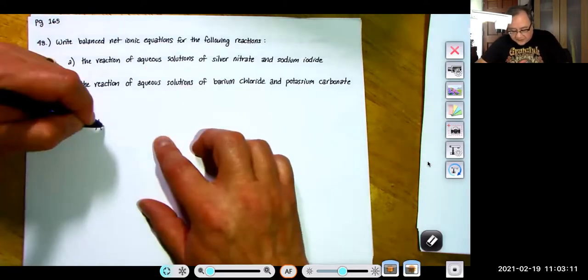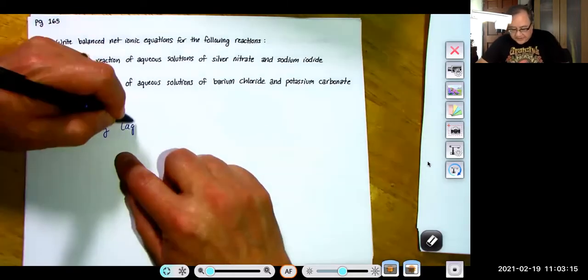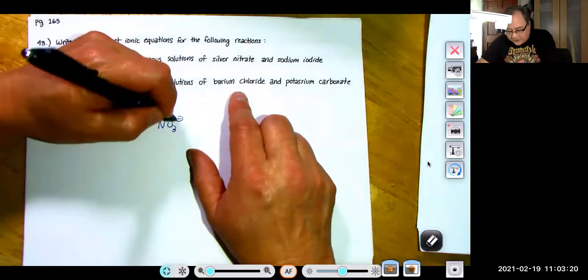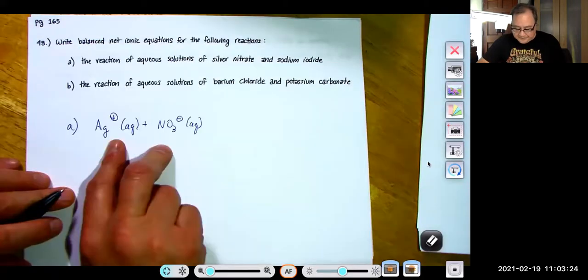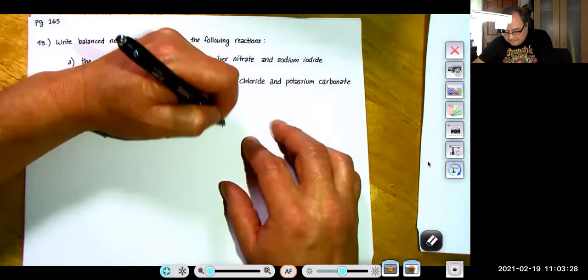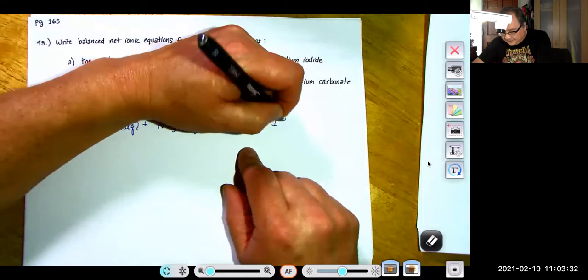we memorized silver as Ag plus. Nitrate we know is NO3 negative. And so you can see I'm going right away to the ions. And sodium iodide is this.